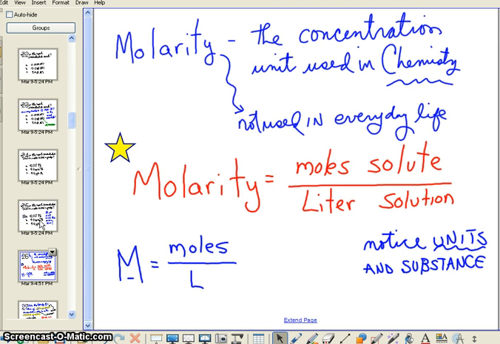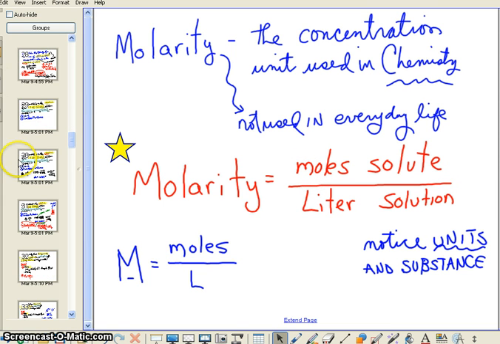So we're going to do problems with molarity that uses the concentration expressed as moles of solute per liter of solution. Solute, solution, moles, liters. Those are details you want to keep track of.